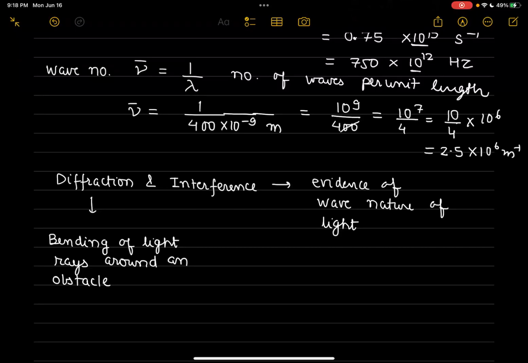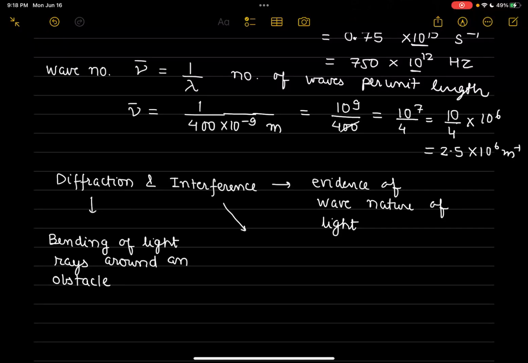And what is interference? Interference is actually when you take two monochromatic light sources of the same wavelength, just one wavelength.